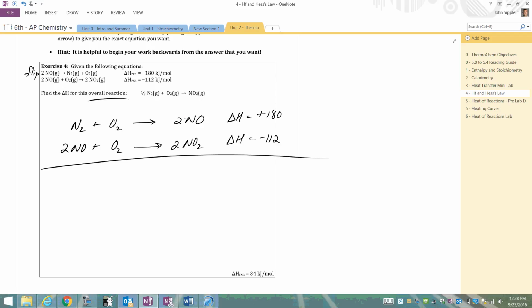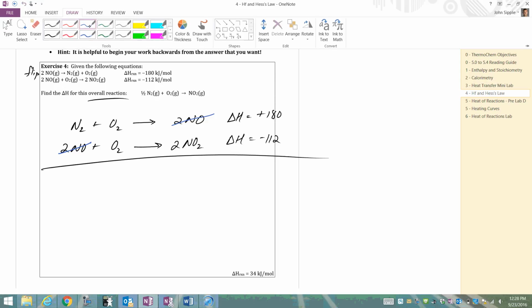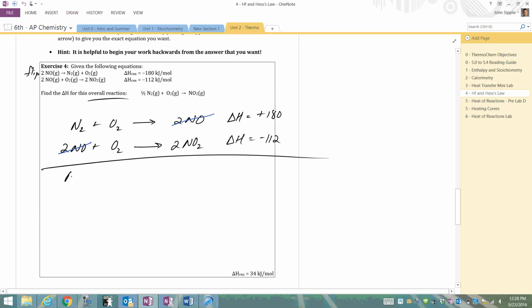So these two NOs, because I have the same number, are gone. I don't have anything else to cancel out, so I'm going to add it all together now. I got N2 plus, how many O2s do I have here? Two. I got 2 O2 going to 2 NO2. And my delta H's we add together as well. So 180 minus 112. We get 68 kilojoules per mole, right?